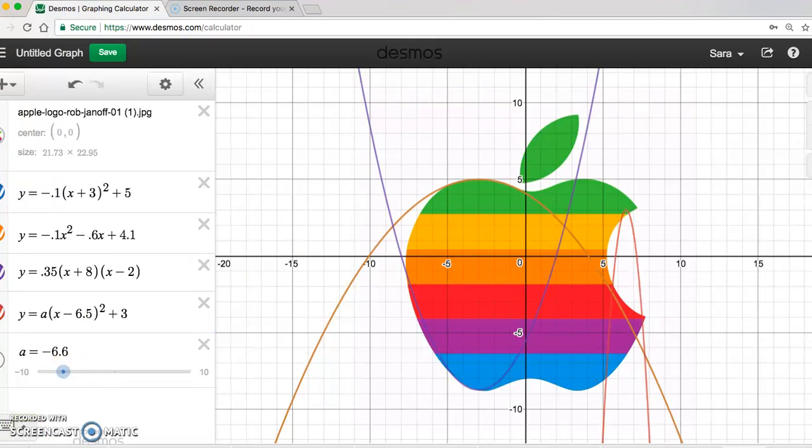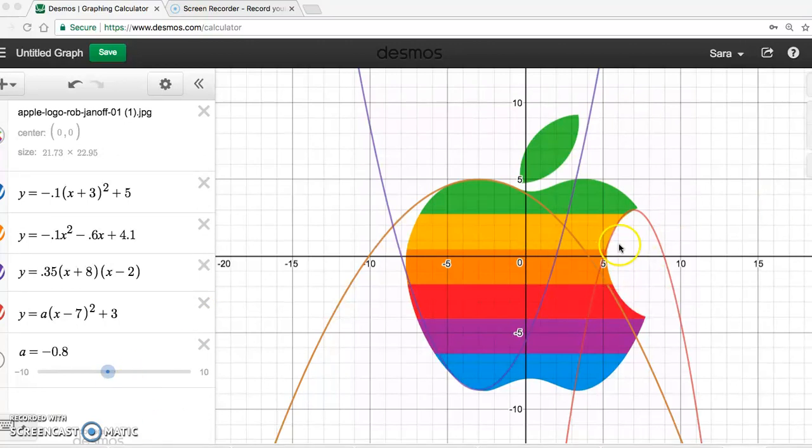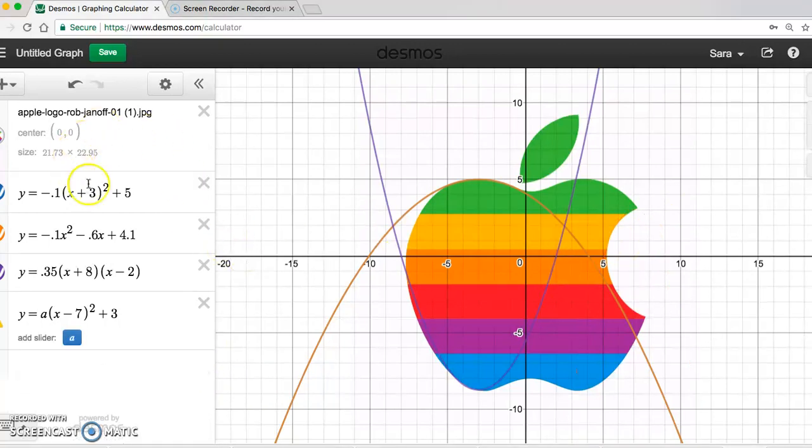Let's try 6.5. All right, so I've adjusted back to negative 0.8 because I really like that shape. So I'm going to go for a different location for my parabola that is narrower than the parent. So what I've got is one in vertex form, in standard, in intercept, and then a fourth one in vertex form.